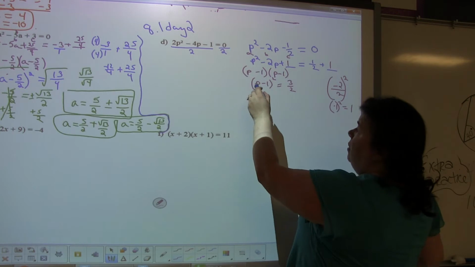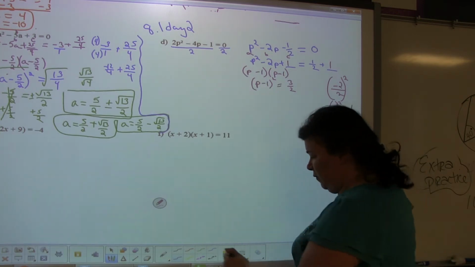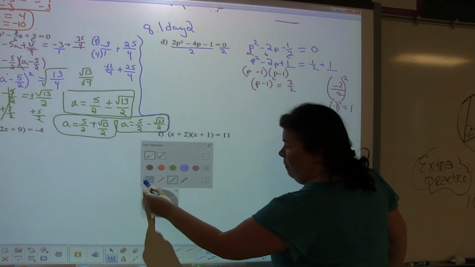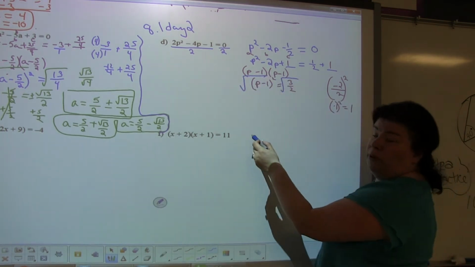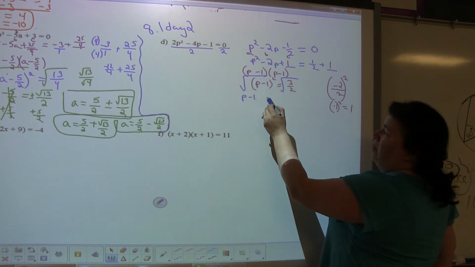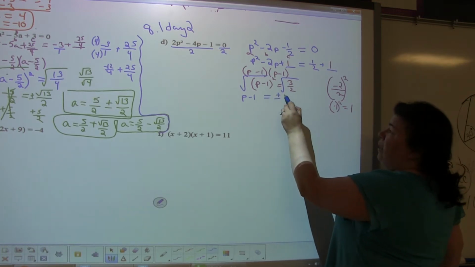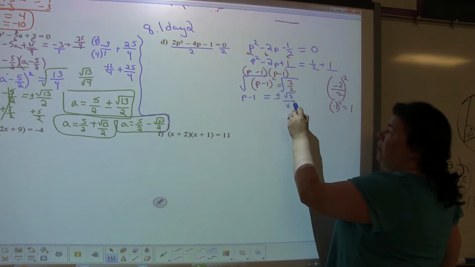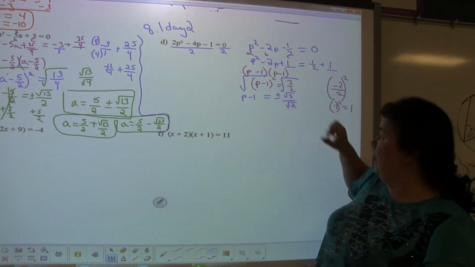Okay, and then I'm going to go ahead and use the square root method, and I'm going to solve for p, get p by itself. So I have to get rid of that square by square rooting both sides. And again, when you square root both sides, the square root cancels out. I now have p minus 1 equals plus and minus the square root of 3 over the square root of 2. Because if I rewrite those separately, that's what I get.